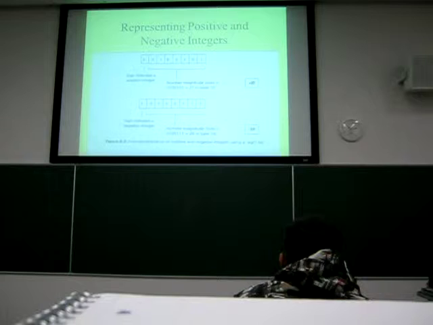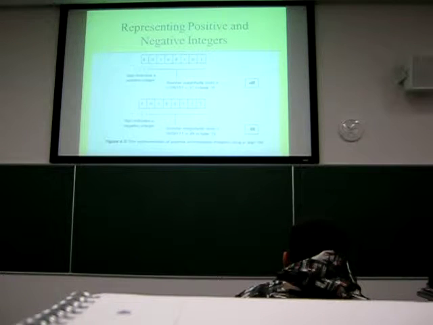Now let's look at some examples. Now let's say that the most significant bit is the sign bit. So let's take 37. Here 37 is positive, so it is a 0 here, and the rest of them is the magnitude.